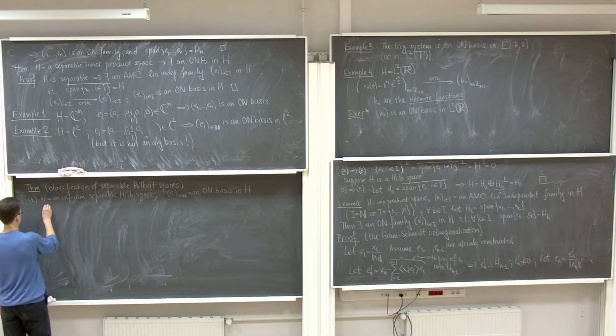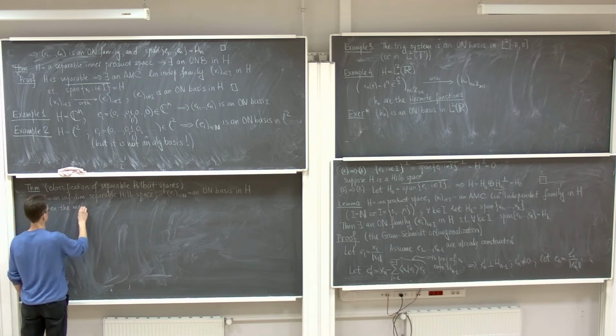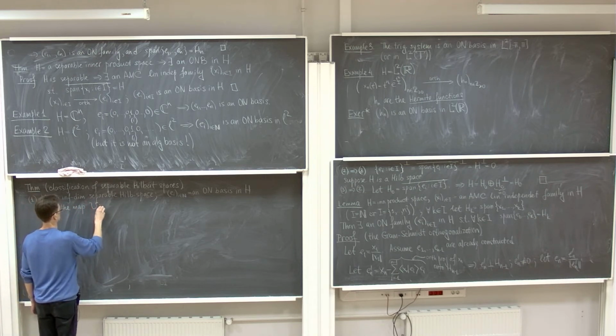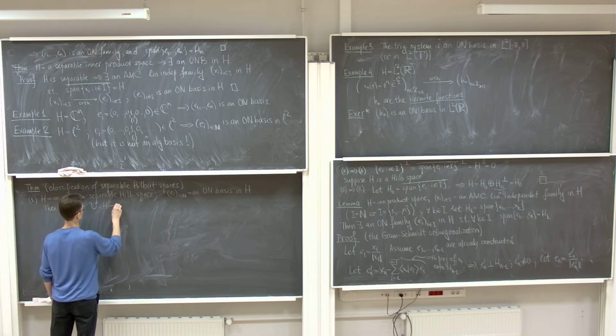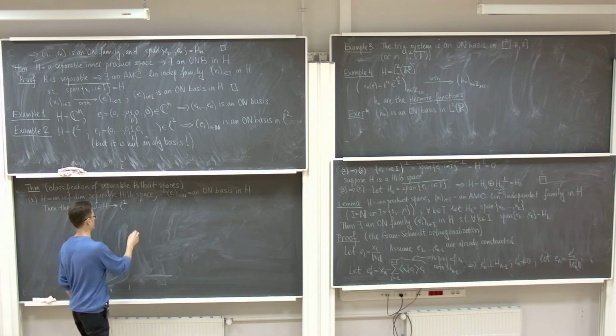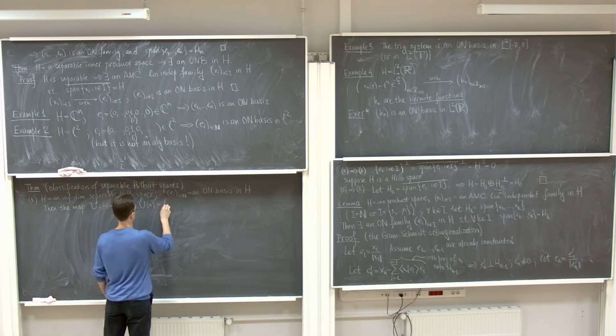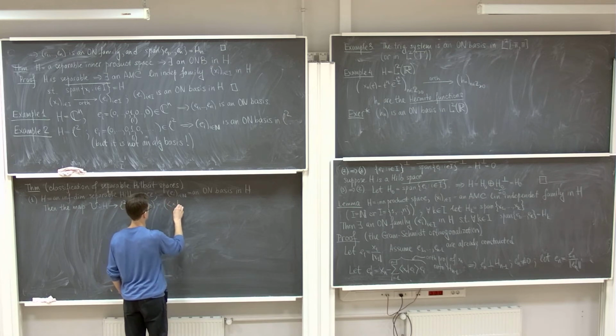And we consider the following map, that's denoted by U, from H to little L2, which acts by the following formula. It takes each vector little x to the sequence of its Fourier coefficients.